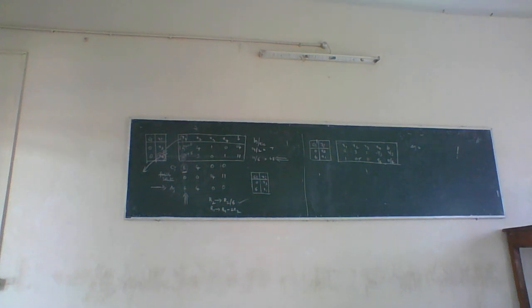Delta 2 as 1, delta 3 as 0, delta 4 as minus 1. Absolutely correct.